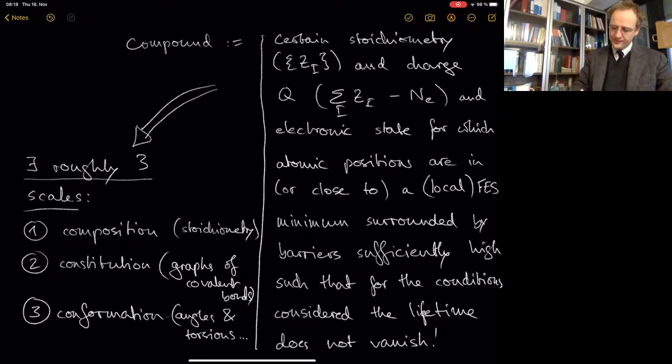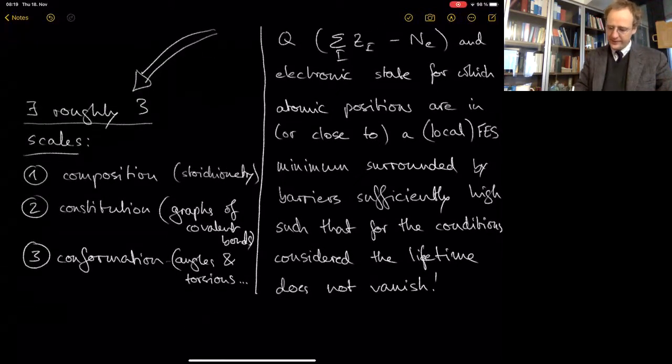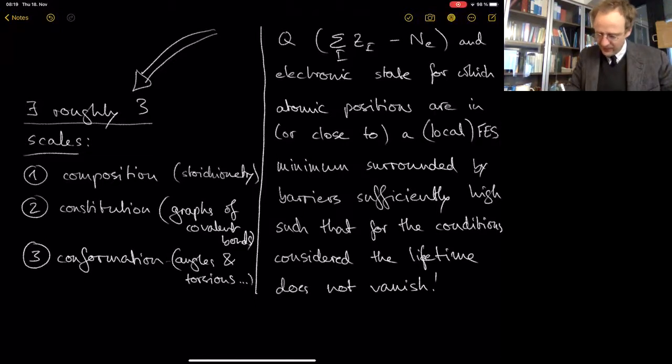And also, quite importantly, we could also say non-covalent interactions, so van der Waals interactions.